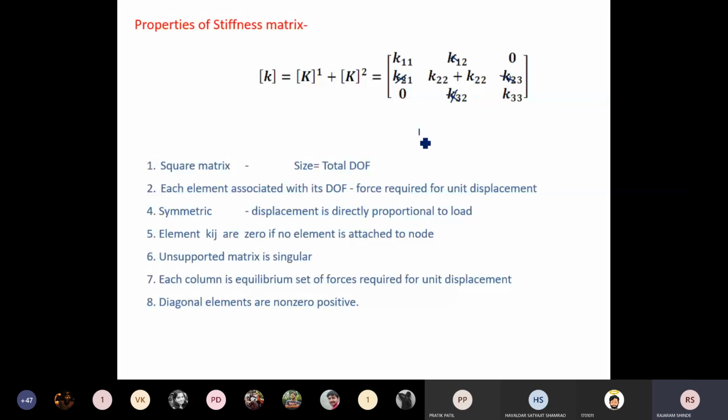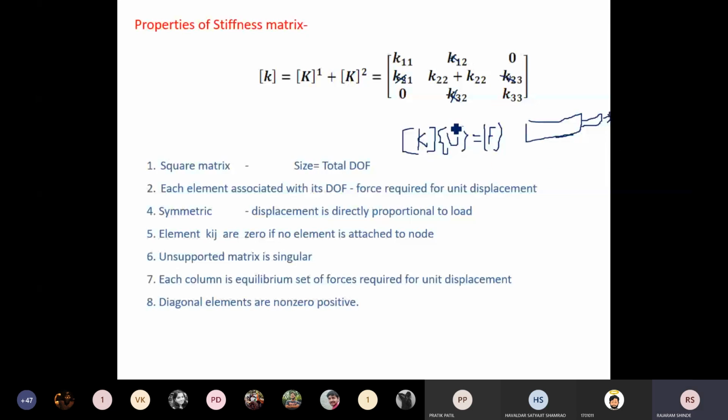If you write the K matrix into the U matrix, that is your displacement matrix, equal to the F matrix, and this is an unsupported structure, a structure like this, where you have applied only the forces here, then it will move in the direction of the force.